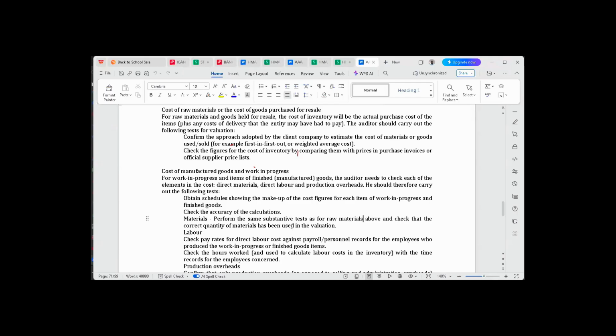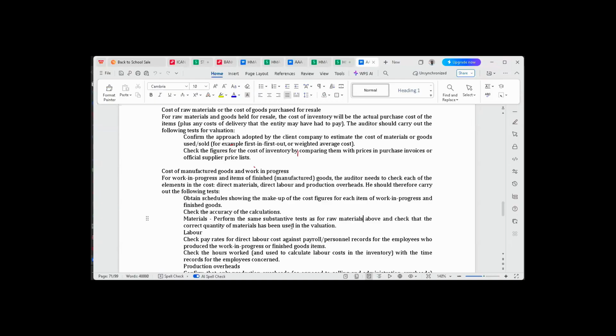So what that means is that you need to take samples of the raw materials that you have counted or you have used, to ascertain the valuation, just a sample of them. For instance, you might have different components of raw material. Just take a sample for each of them and try to aggregate by taking the average, for you to be able to determine what the valuation will be.